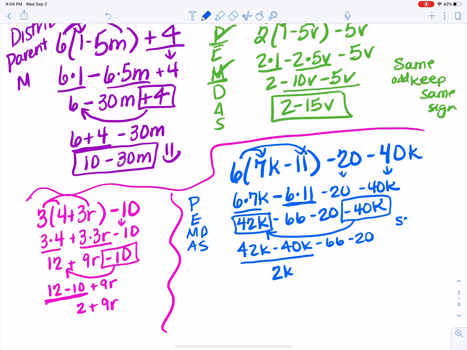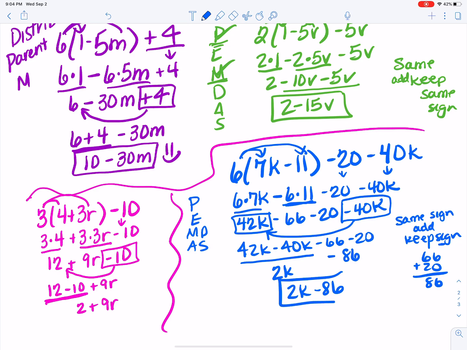This one has the same sign. Add, keep sign. So I'm going to do 66 plus 20. I get 86. The sign is negative. So my answer is 2k minus 86.